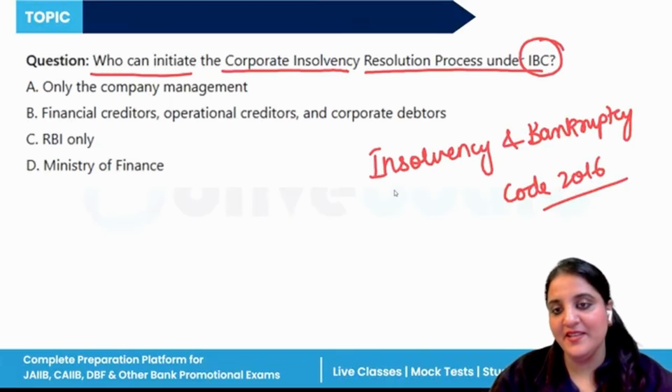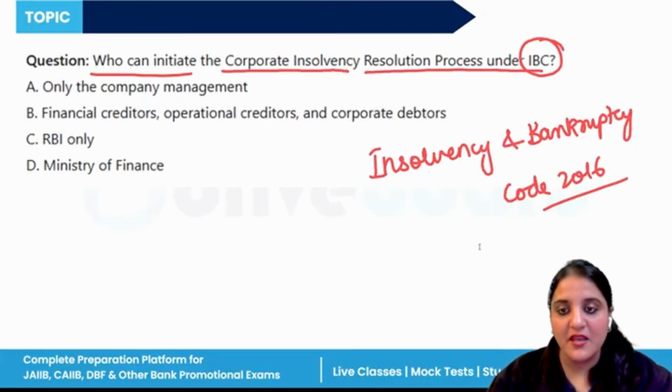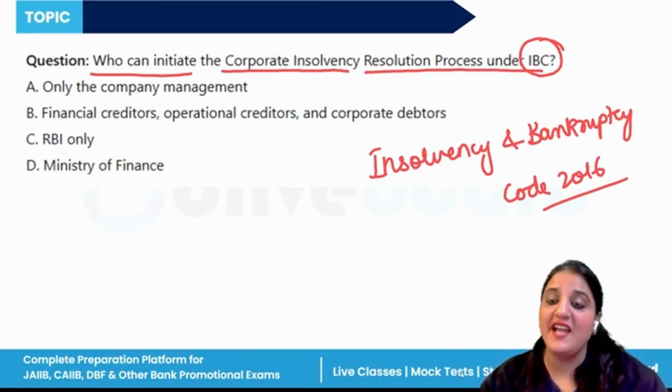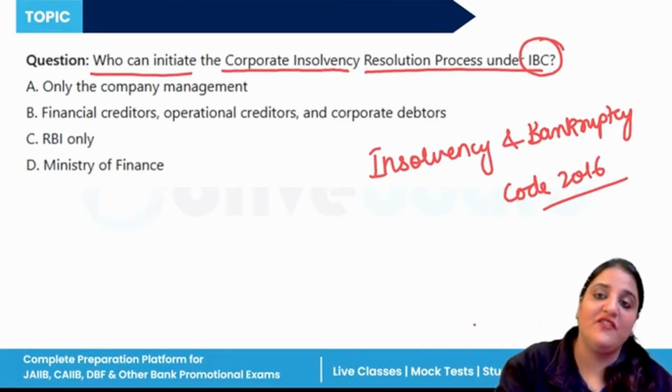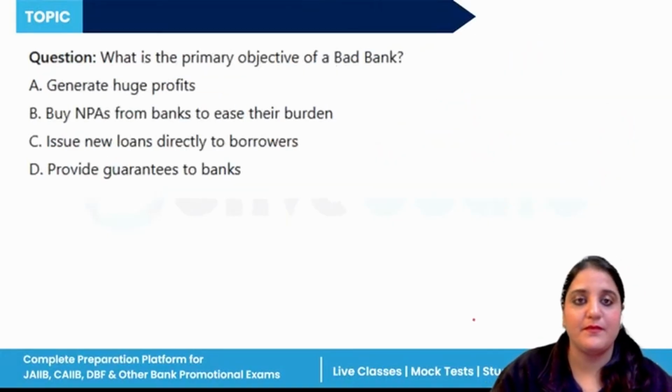So who can initiate this? Financial creditors, operational creditors, corporate debtors, because IBC allows banks, creditors, and the company itself to initiate CIRP for faster resolution of the NPA. So option B is correct here.